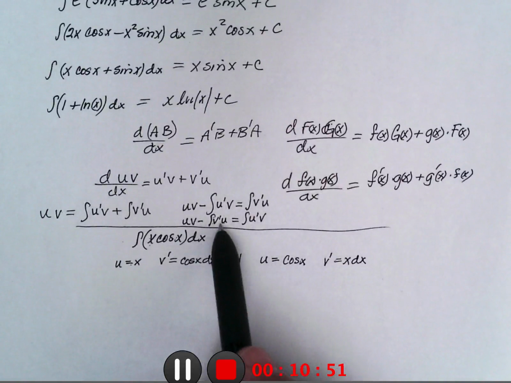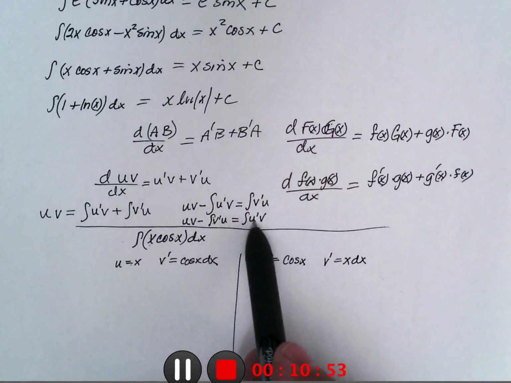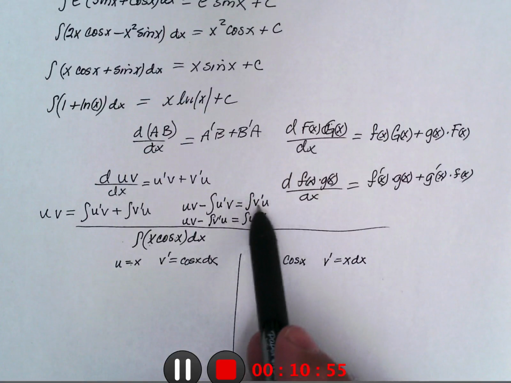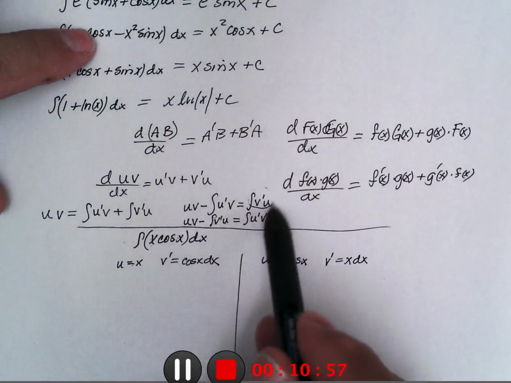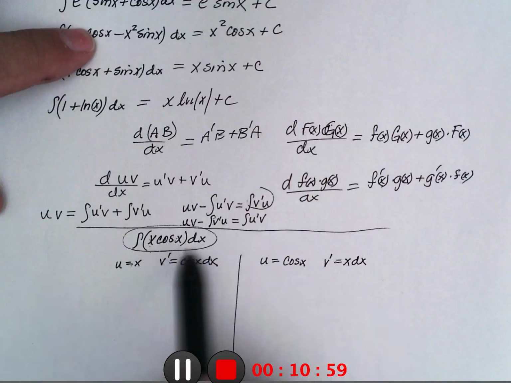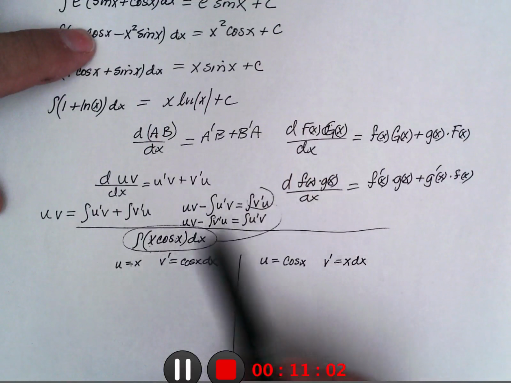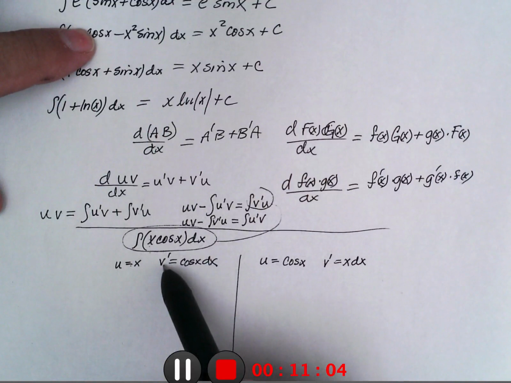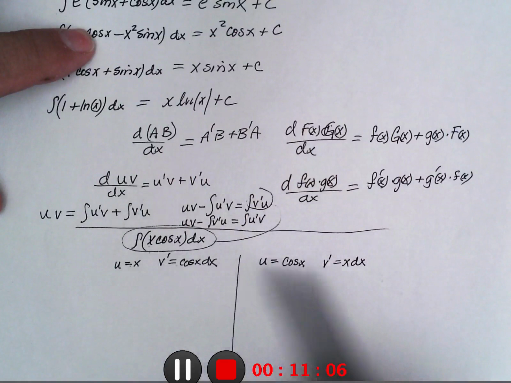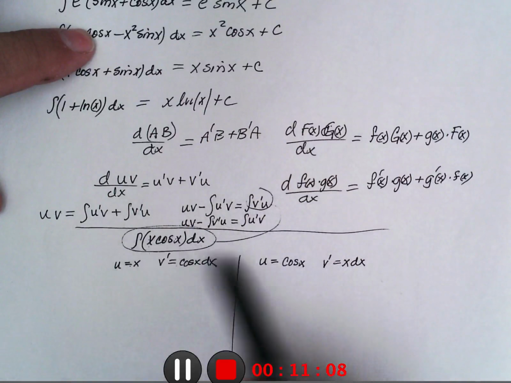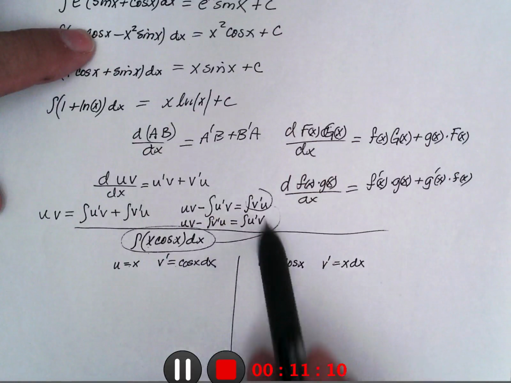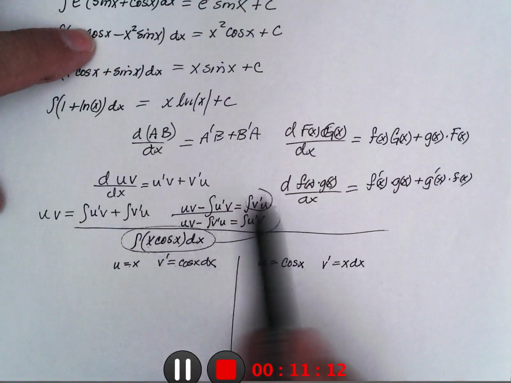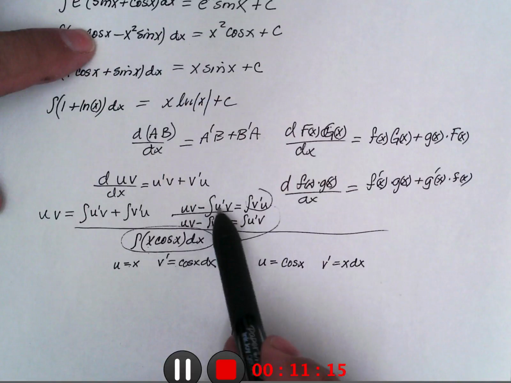I'm using this one, so it's either V prime is this or V prime is the other part. But I'm looking at this one, and I want to go backwards, so now I'm going to need a U, a V, U prime, and V.